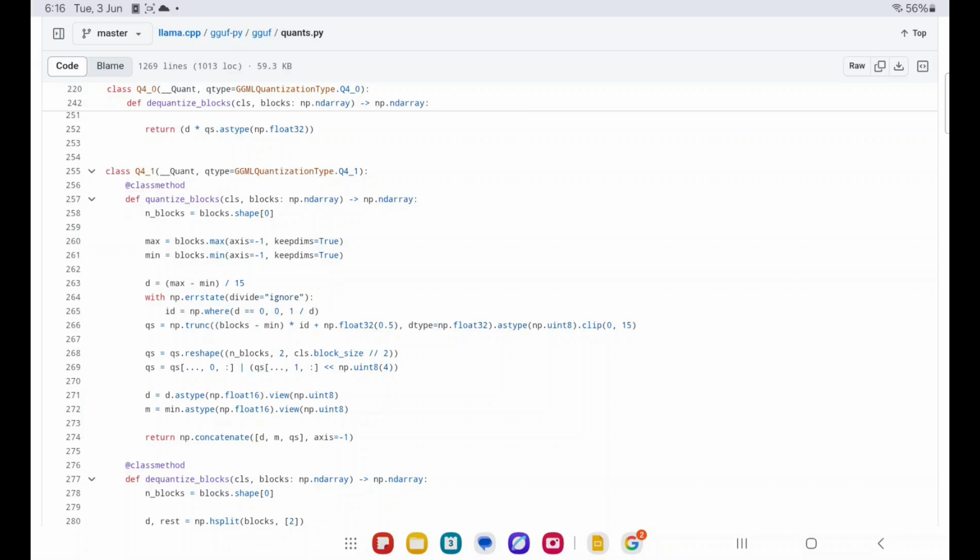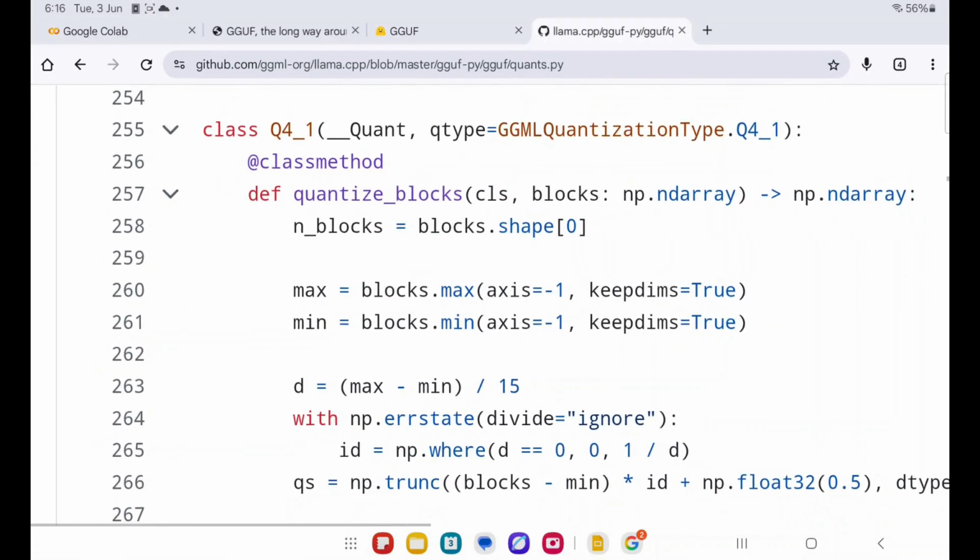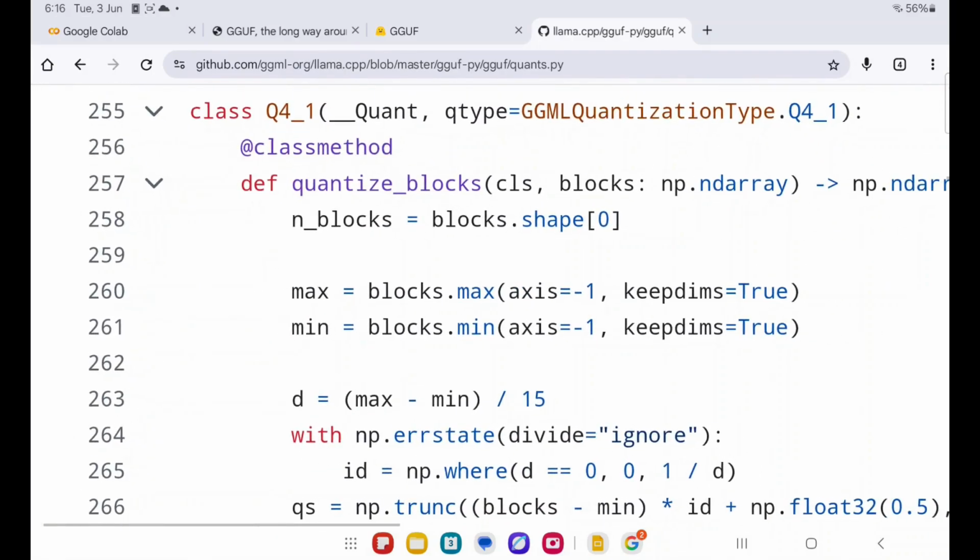How this is implemented can be seen in the code. We go through the llama.cpp gguf quants.py. There, for example in the Q4_1 class, we have the max as the max in the block and the minimum as the minimum of the block.